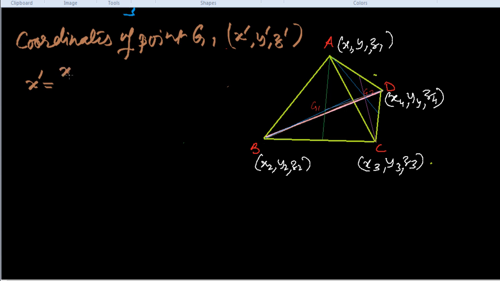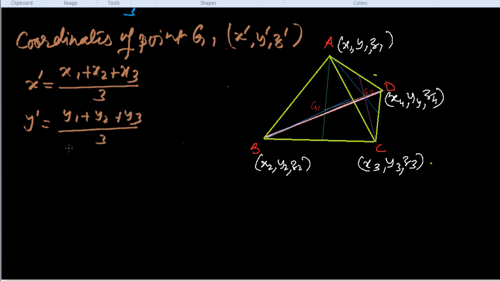Similarly Y' is (Y1 + Y2 + Y3) over 3, and Z' is (Z1 + Z2 + Z3) over 3. In this way we could easily find the coordinates of the centroid G1.